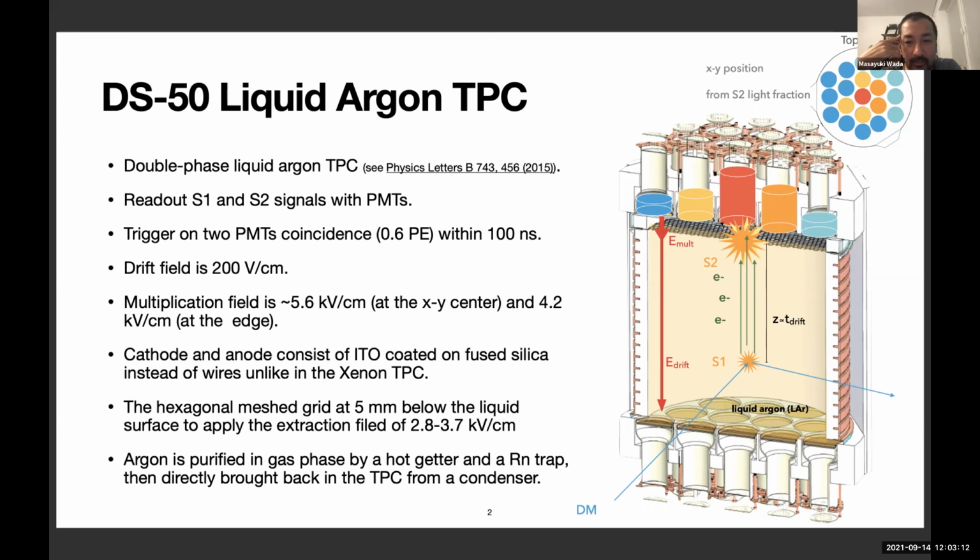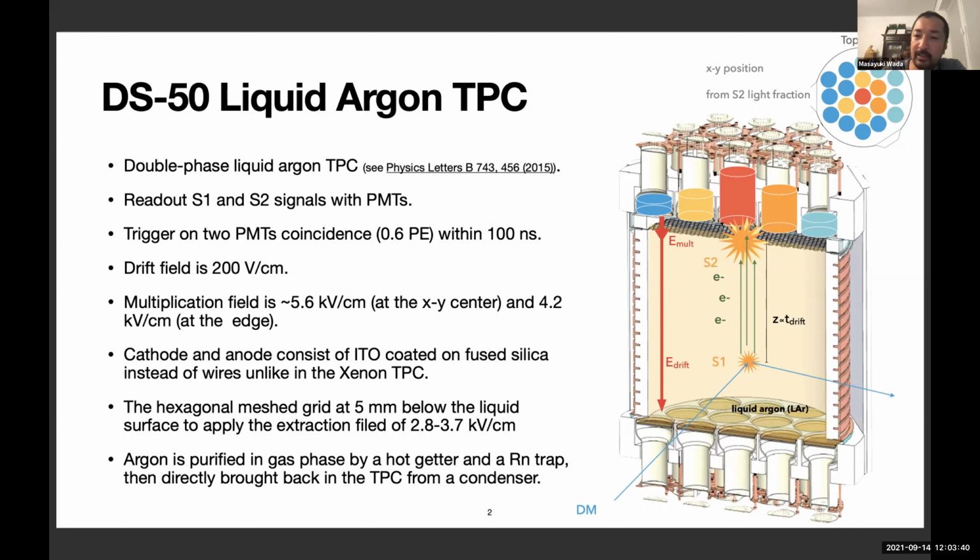We have a hexagonal mesh grid 5 millimeters below the liquid surface to extract the electrons from liquid to the gas pocket, which is also linked to the multiplication field, and we have the same radial dependency: the field is stronger at the center and weaker at the edge.